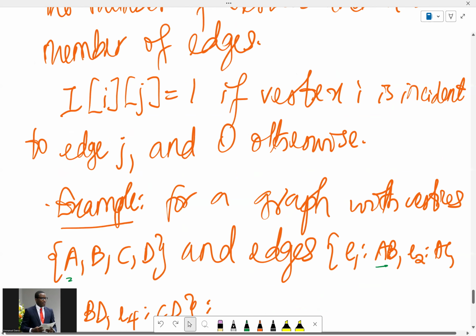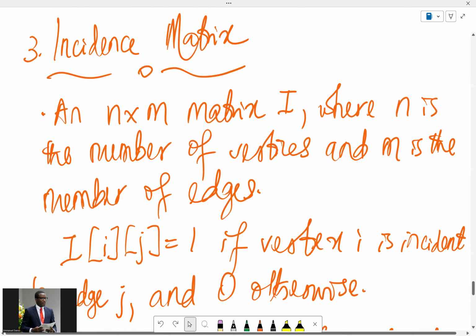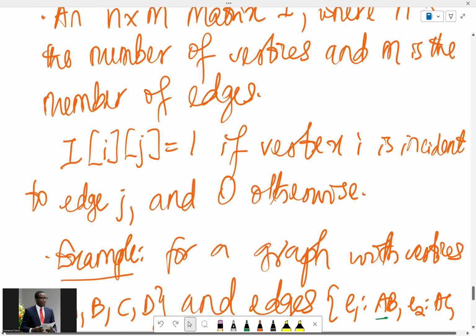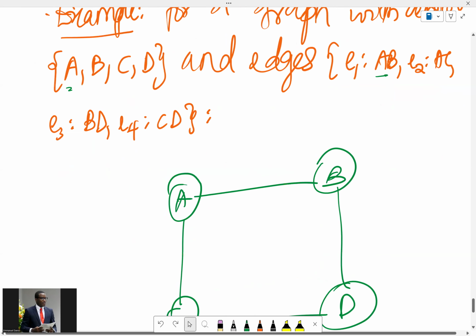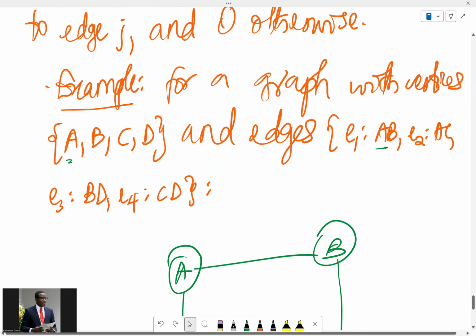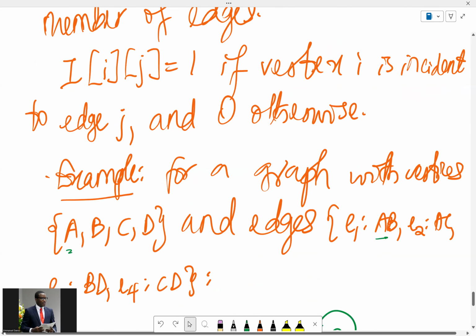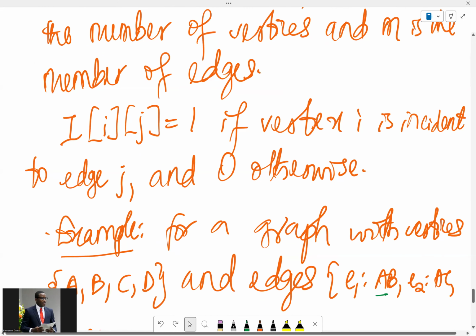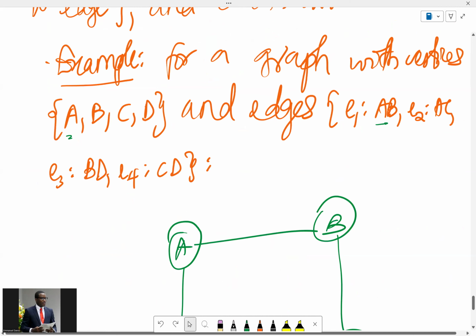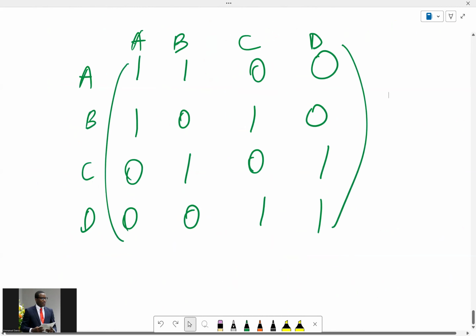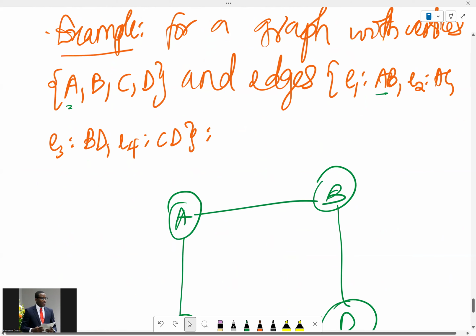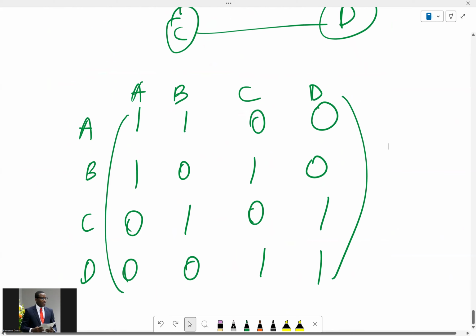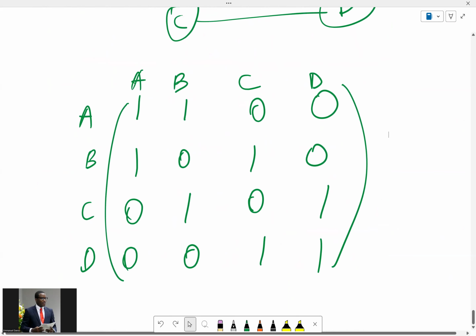So that's the idea of the incidence matrix, an n by m matrix. There are 4 vertices here and 4 edges too, interestingly. If the vertex i is incident to edge j, we have Iij to be 1, and 0 otherwise.